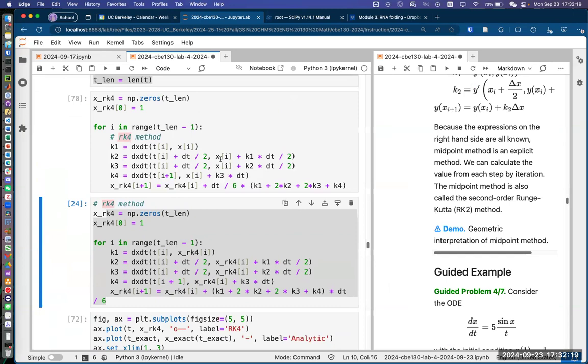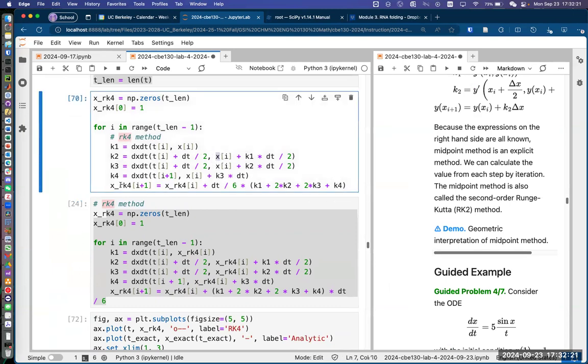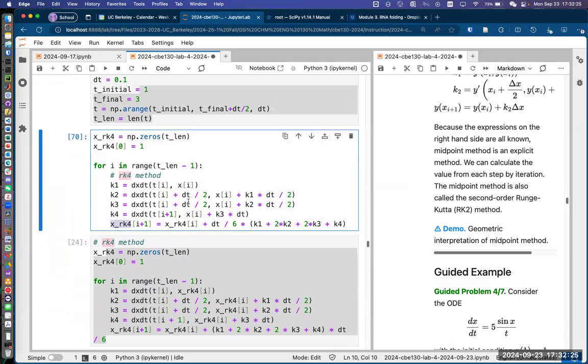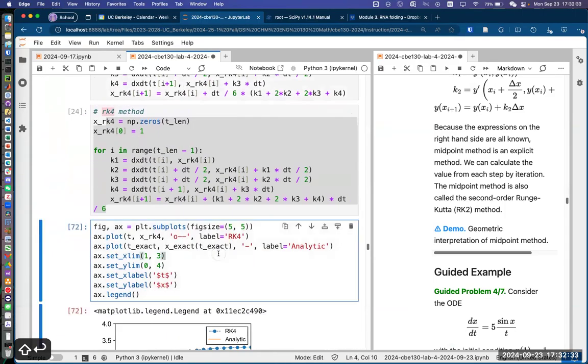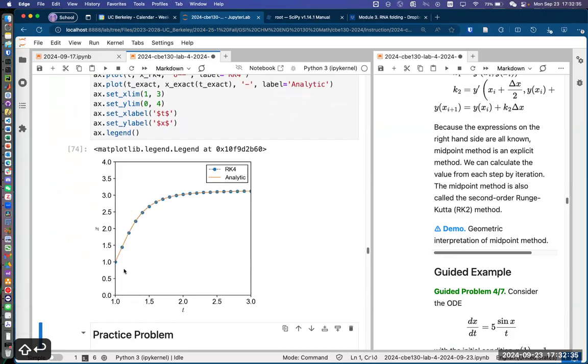Oh, I used x instead of x of RK4. So I should have used the RK4 x because I have used x in different other places. So be consistent in your namings. And then you'll get the RK4 that's exactly lying on the analytic solution.